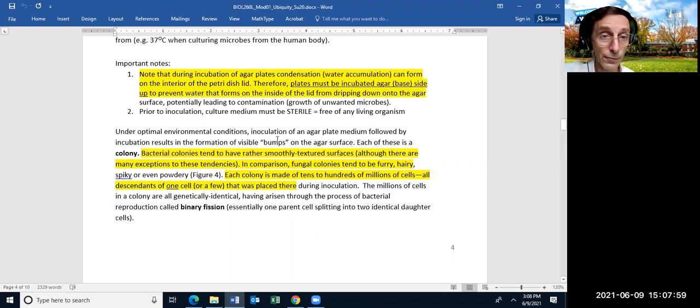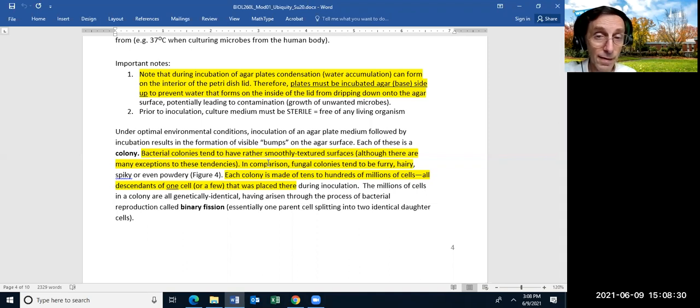When we have growth on the plate, the bacteria colonies tend to have a rather smooth, textured surface. Although there are exceptions, the majority of them, and this is over 90% of the bacteria, have smooth, evenly defined colony borders.